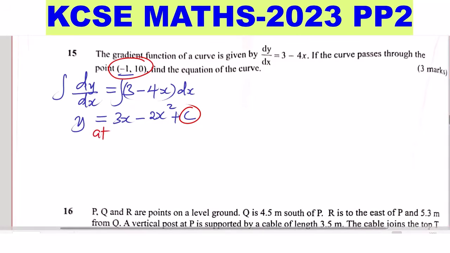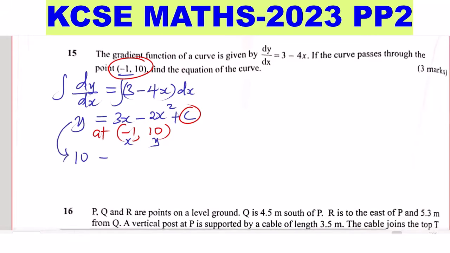So at -1, 10. This is what is going to give us the constant, because you know that x will be -1, and y will be 10. Just substitute this. Y is equals to 10, substituting it here, is equals to 3 times -1, that will be -3. Then subtract 2 times -1 squared, that will be 2, then plus c.